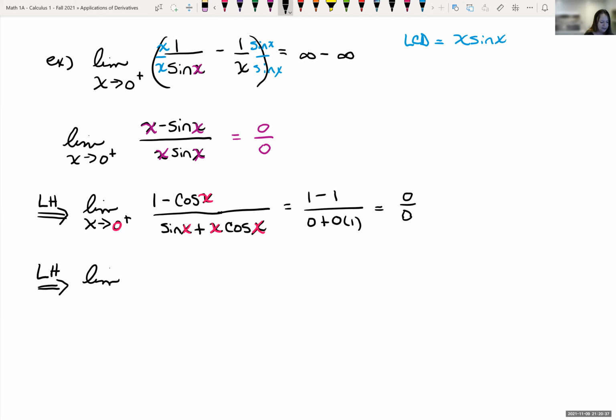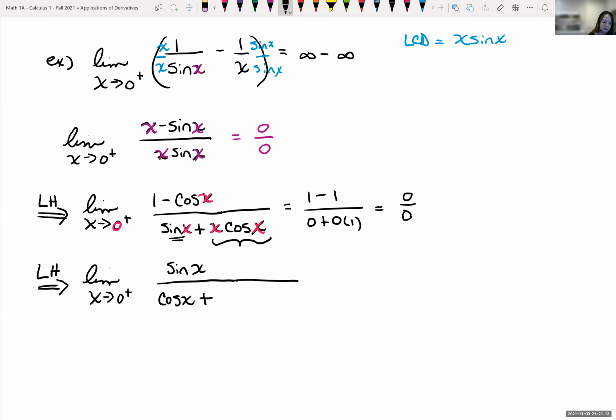So we're looking at the limit as x is approaching 0 on the right. And now taking the derivative of our numerator, derivative of 1 is 0. And the derivative of negative cosine of x, that is going to be negative of negative sine x, so positive sine x. All over, so derivative of sine x, that's cosine x, plus, I'm going to need to use the product rule here on x times cosine of x.